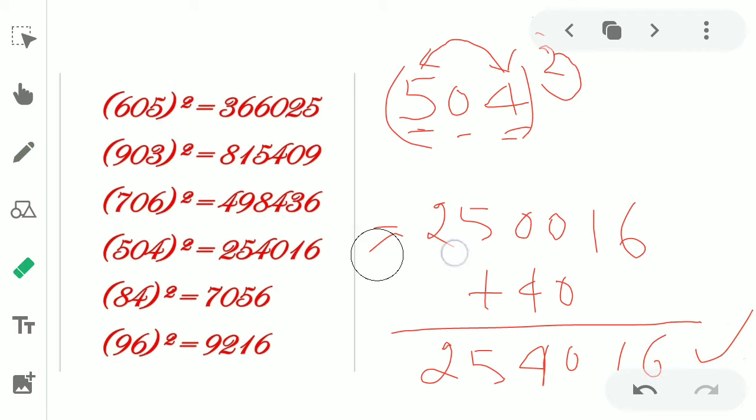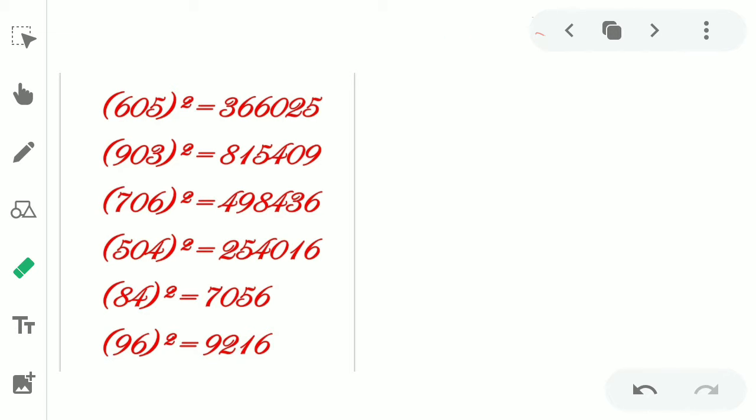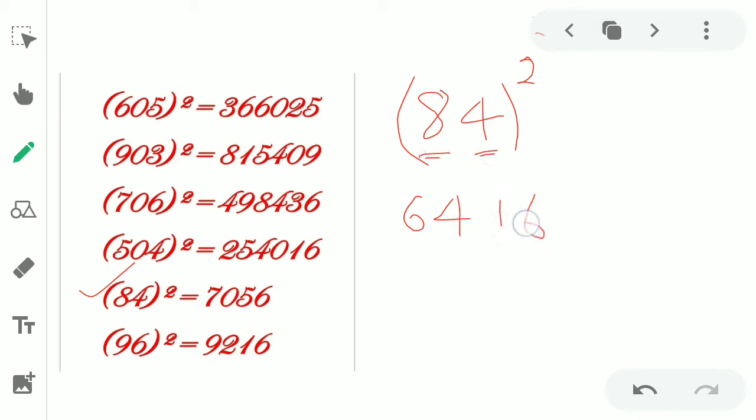Similarly, we can find the square of any 2-digit number using this trick. Let us take example 84. We will write the square of 84 as, first of all, we will write the square of 8, which is 64, and square of 4, which is 16.